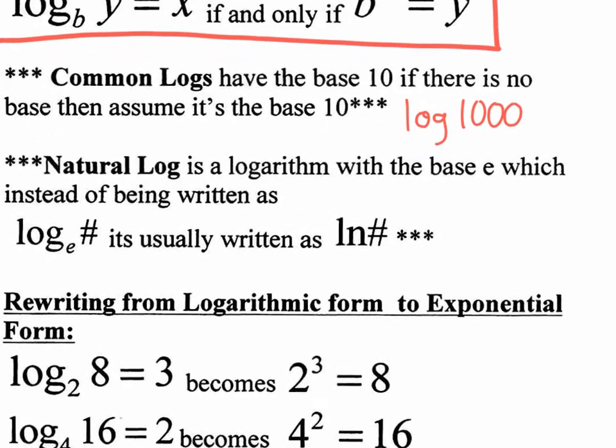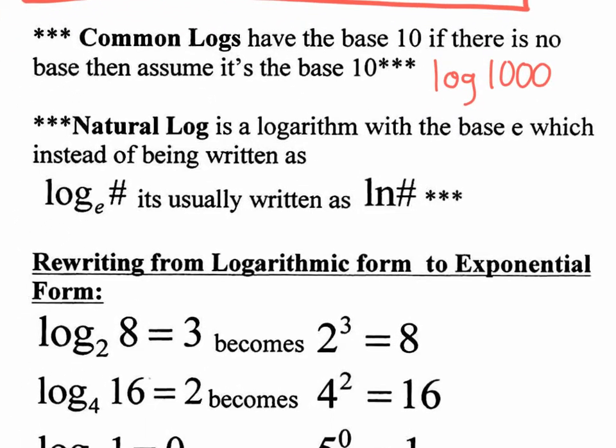A natural log. What is a natural log? It's a logarithm with base e. Okay? Now, you're probably thinking, what the heck is the number e? And what we need to do is understand that e is an irrational number. So you might want to jot this down somewhere.